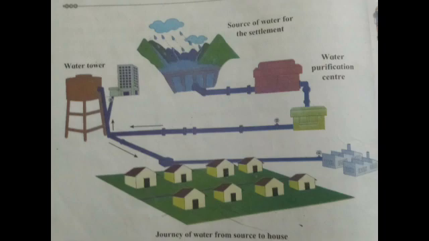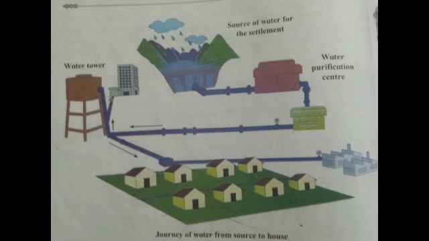That means the water from the reservoir is filled into the water purification center by using a pump, and after purification, the water from the purification tank is connected to one more tank, a big tank, and from there through pipes it is connected to the water tower.